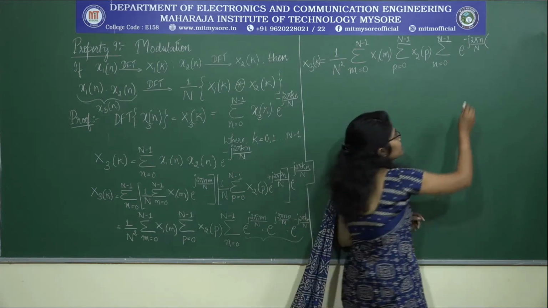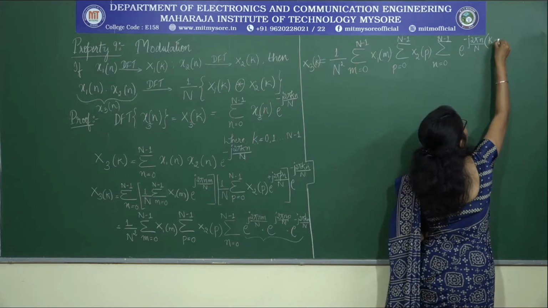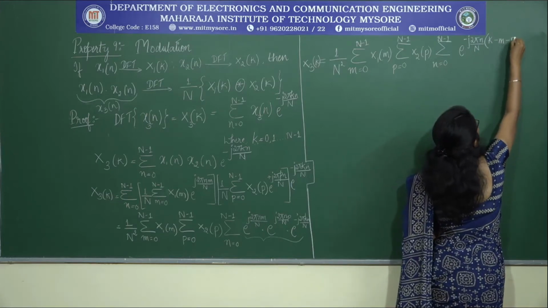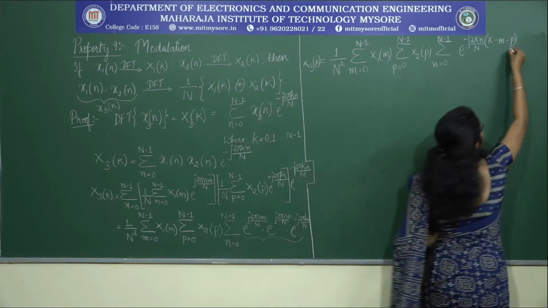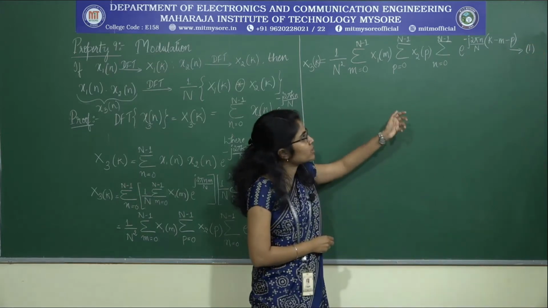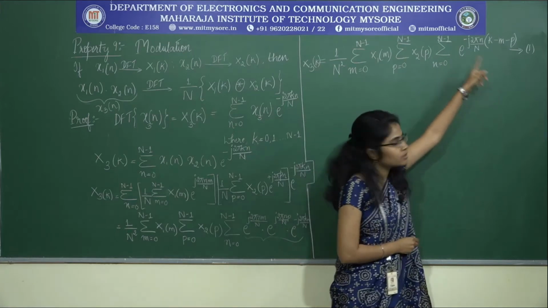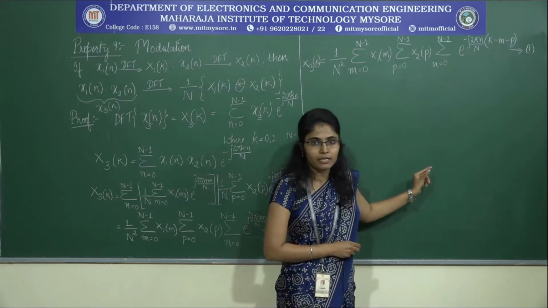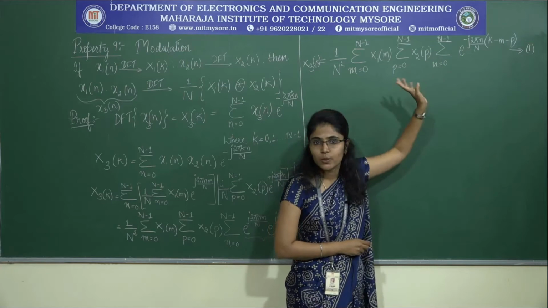So let us tabulate that inside the bracket, that is k minus m minus p, and let us term this as equation number 1. Now in this equation, let us consider only the third term and try to simplify that, and later let us substitute in equation 1.